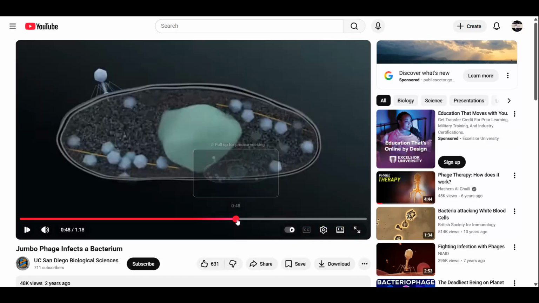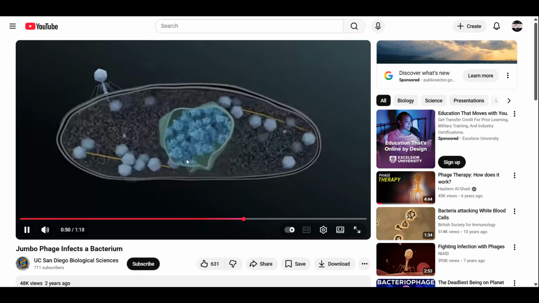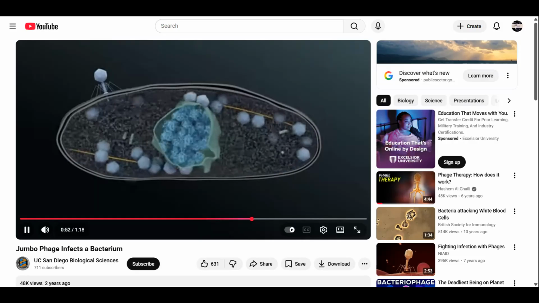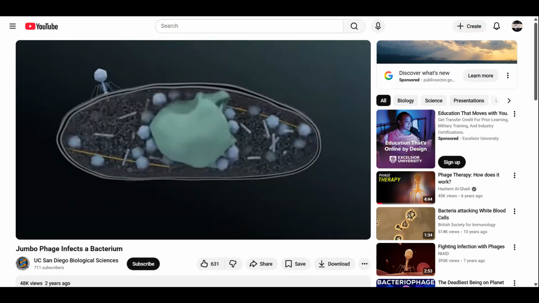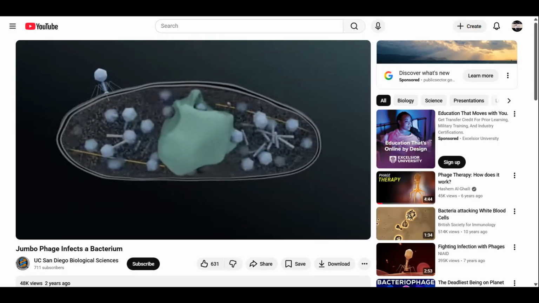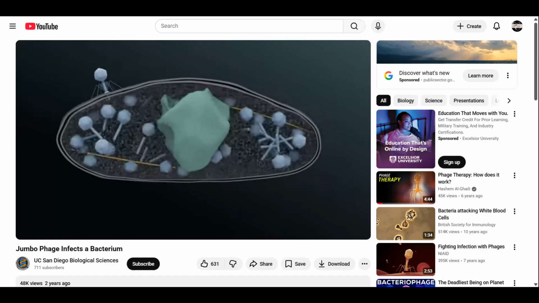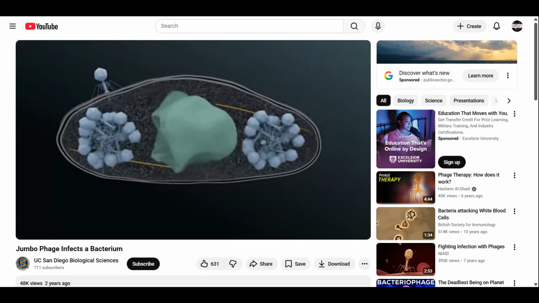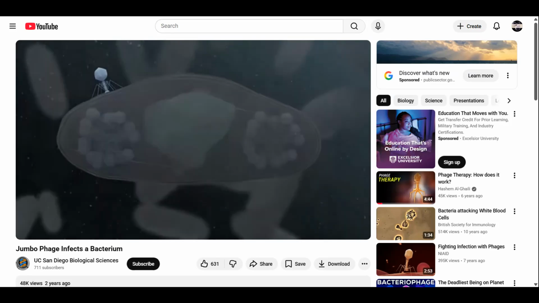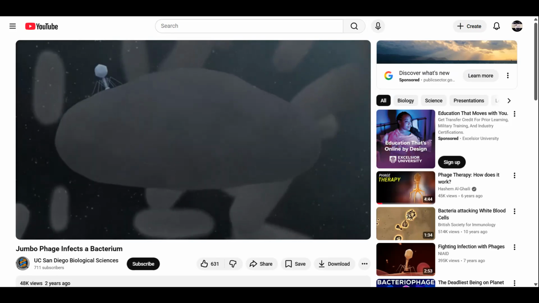It attached to it until it destroyed it, exactly like they attach to you until you destroy. This is crazy.